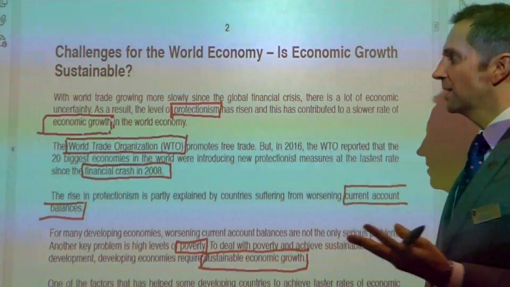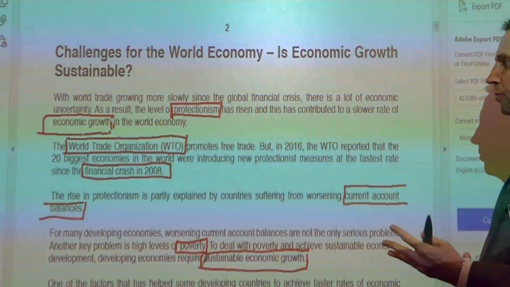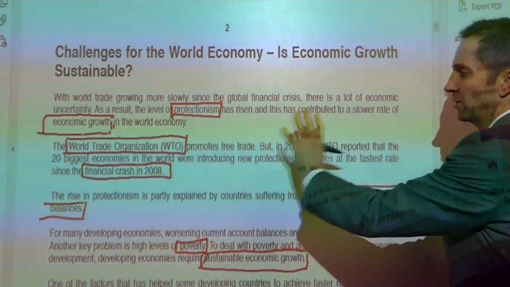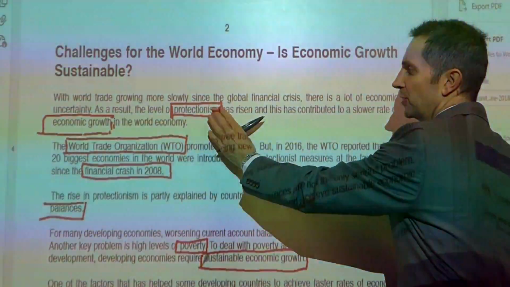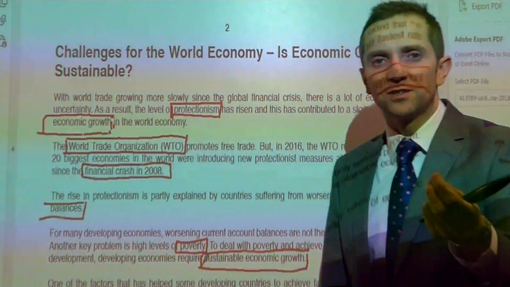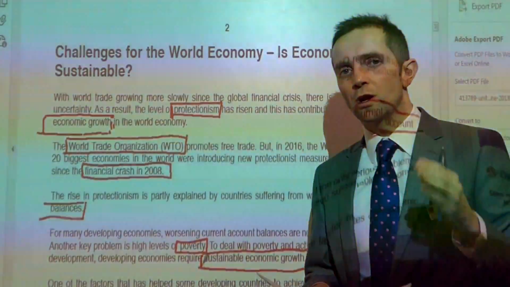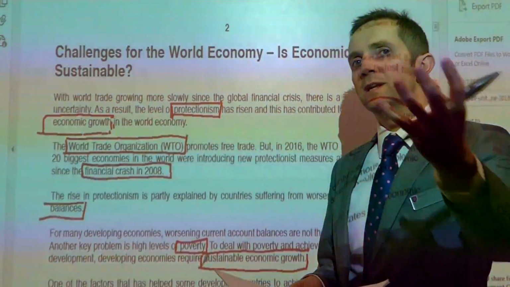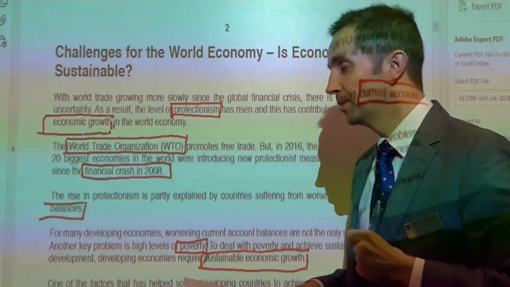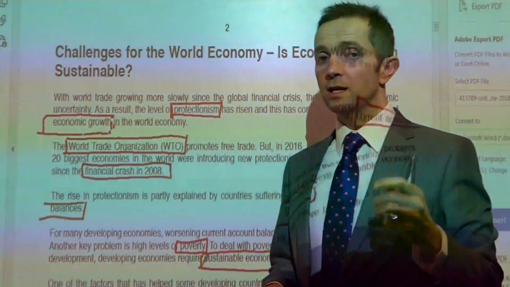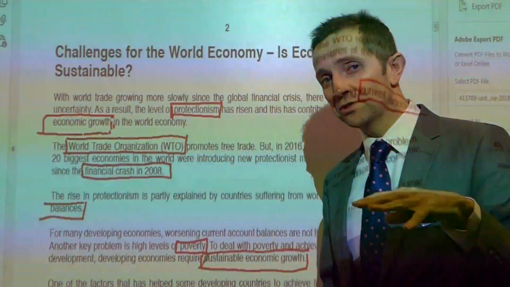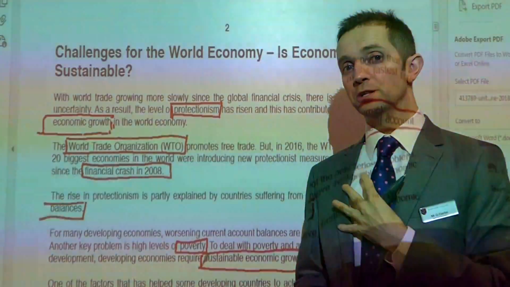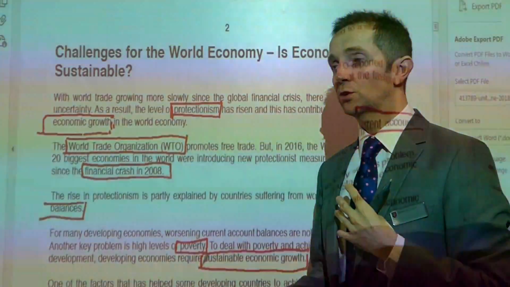Changes for the world economy. Is economic growth sustainable? With world trade growing more slowly since the global financial crisis, there's a lot of economic uncertainty. As a result, the level of protectionism. Protectionism, ladies and gentlemen, this whole notion of preventing goods and services from coming into your economy, that's one form of protectionism, or giving your own domestic producers a competitive advantage over foreign goods so that people prefer to buy your goods rather than foreigners' goods and services.